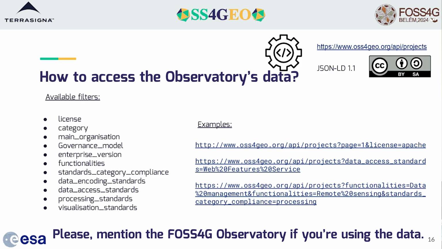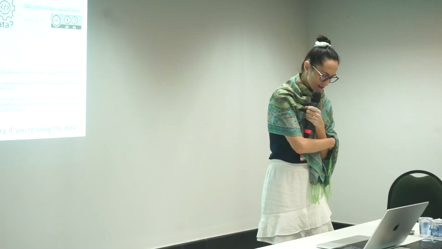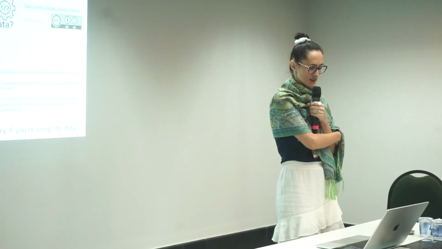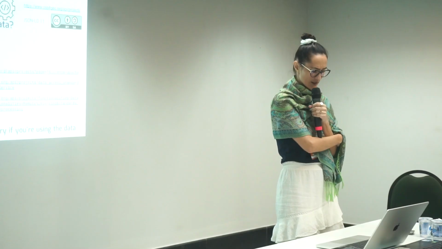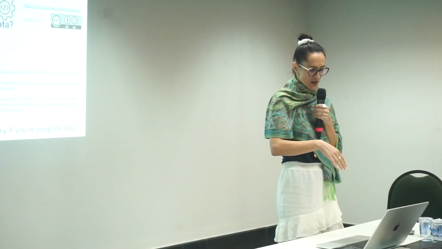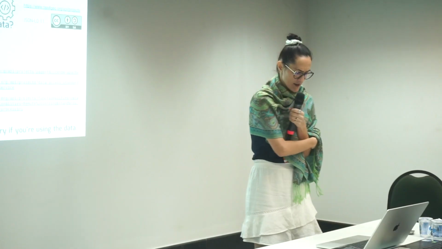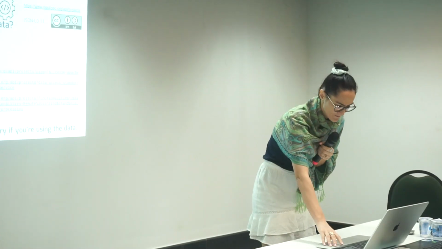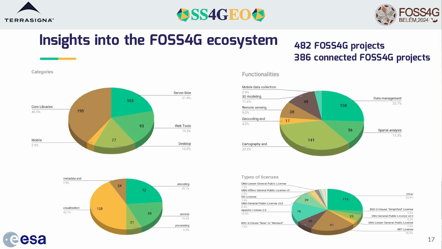It would be great. On the left side, we have the available filters, and at this point we are looking, of course, at license and the project category. I will not go through all of this because you see them, but this is how our API is at this point. So, a bit of insight into how our FOSS4G ecosystem looks.